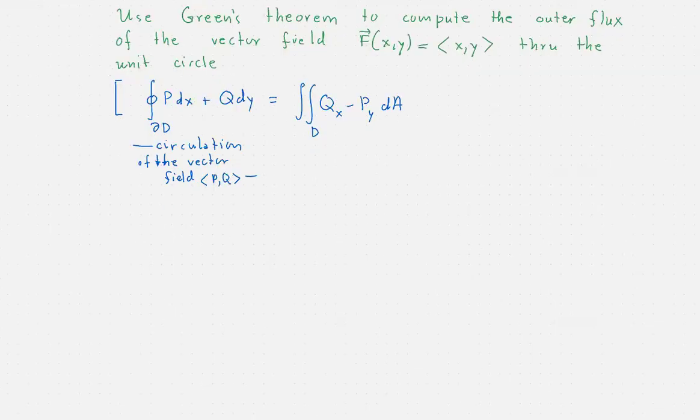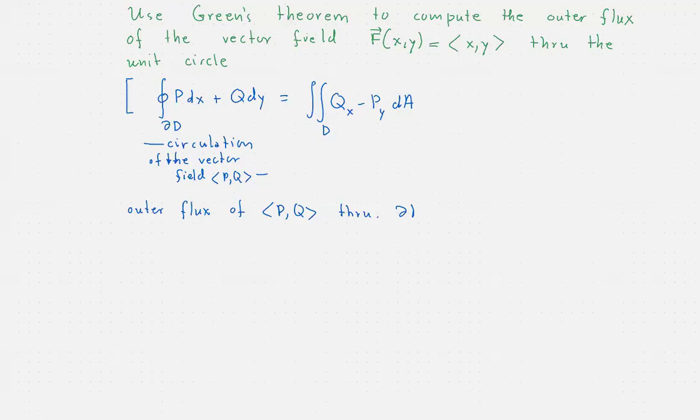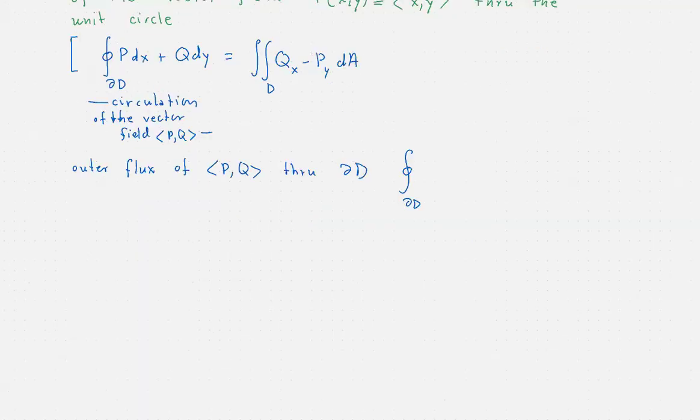So the outer flux of PQ through the boundary of D is the following vector line integral. Again, the boundary of D is supposed to be oriented in the counterclockwise way here, and it's P dy minus Q dx.